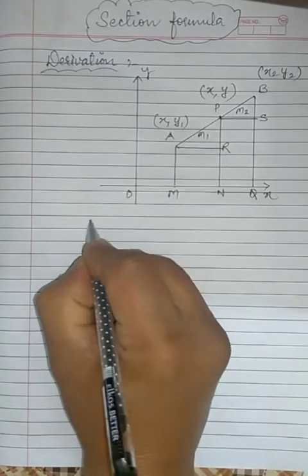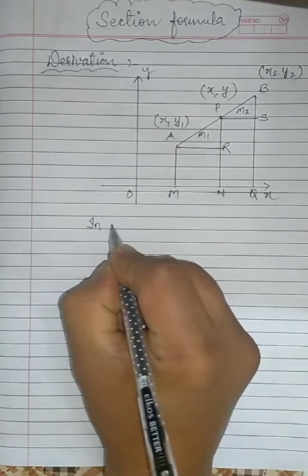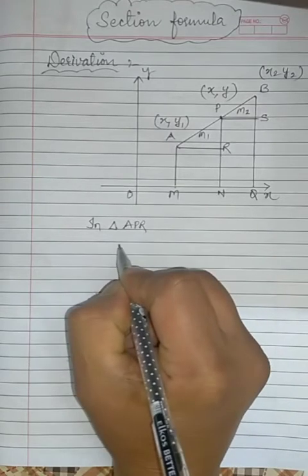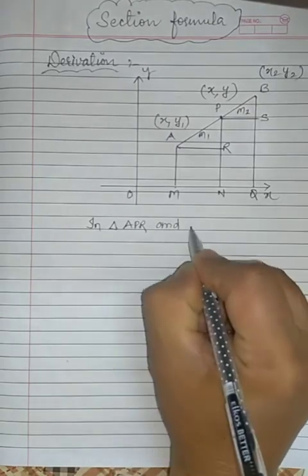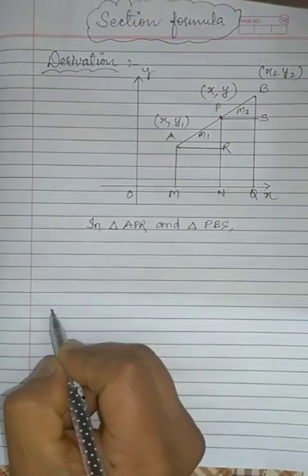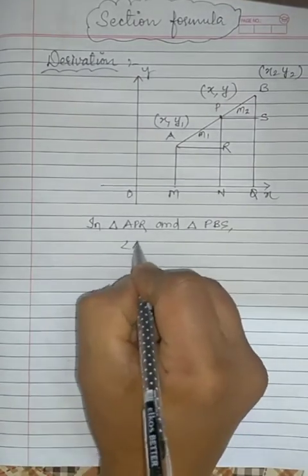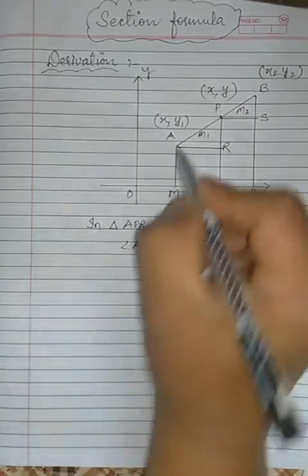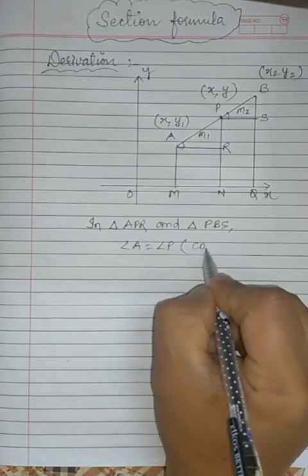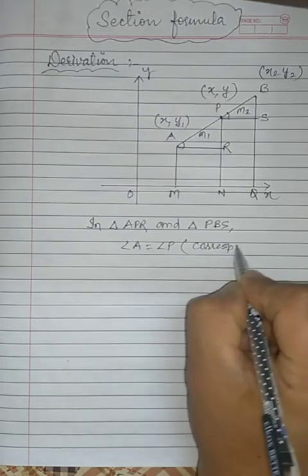So, if you compare the 2 triangles, in triangle APR and triangle PBS, you will find that angle A is equal to angle P. These 2 angles are equal as they both are a pair of corresponding angles.